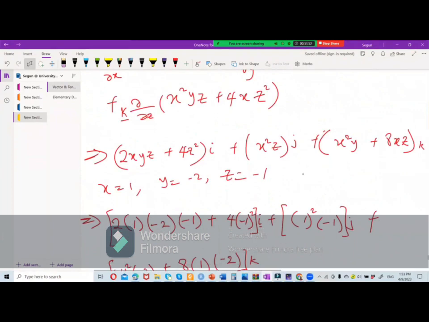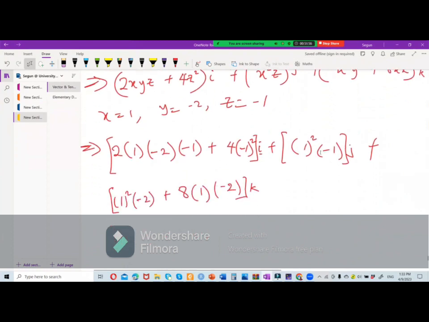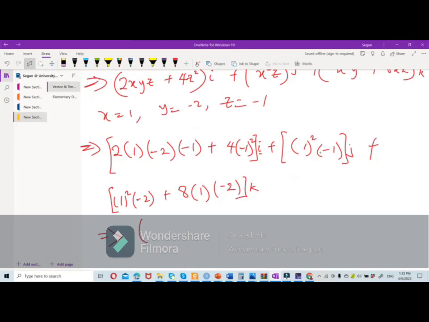So here is -1. Don't forget, -1 squared. So the next thing is let's use our i.